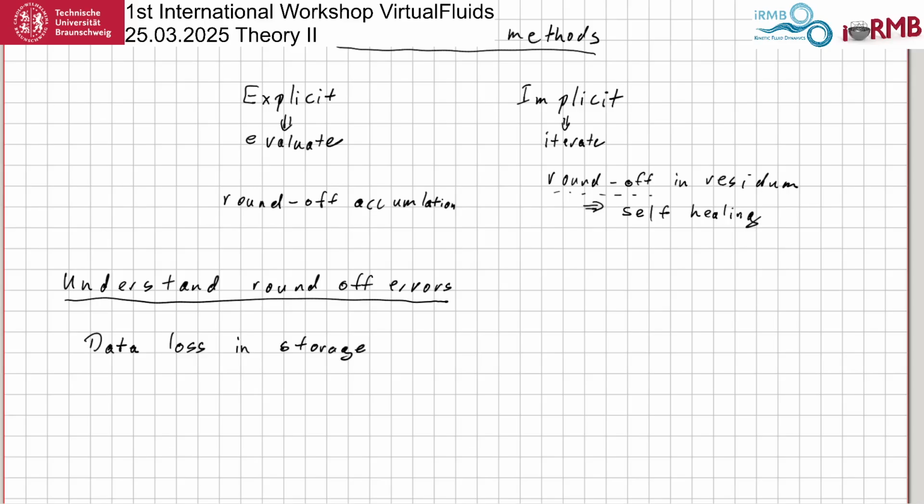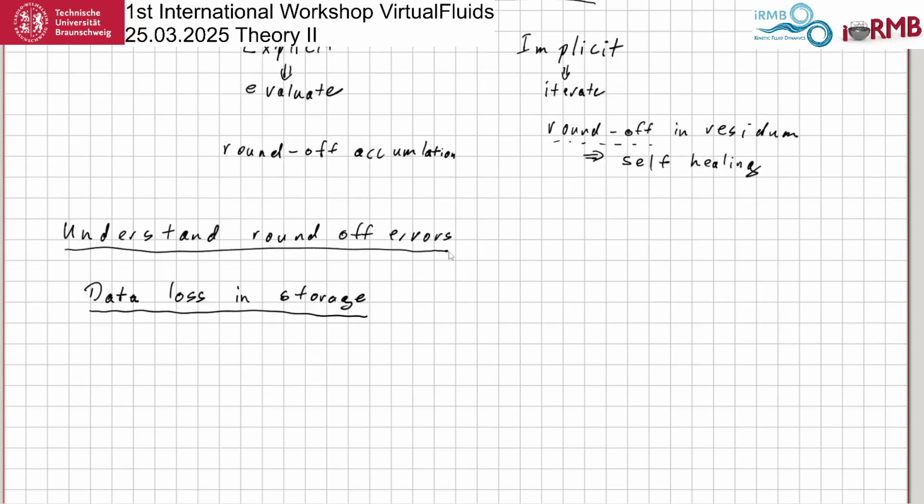Two different things here, namely the data loss in storage, in how we store the populations. So remember that the populations Fijk, they are superpositions of some moments.